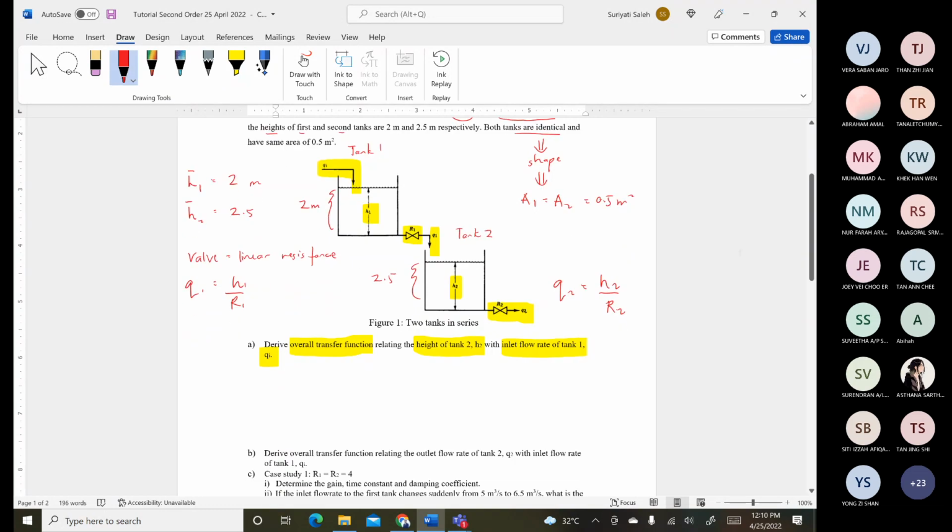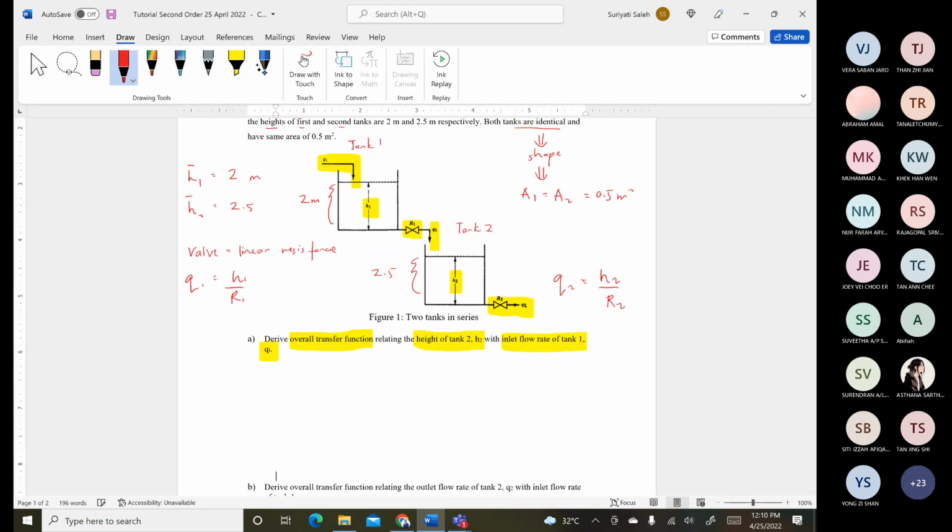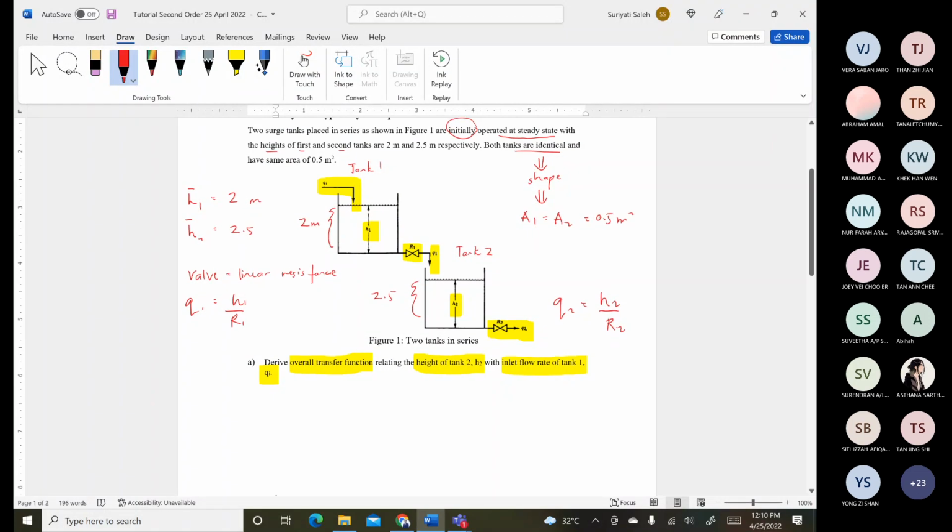So in order to answer this question, we need to have a balance. What kind of balance needs to be developed? Here it clearly states the height of tank 2, H2. When it is related to the height, that means you require the overall mass balance.